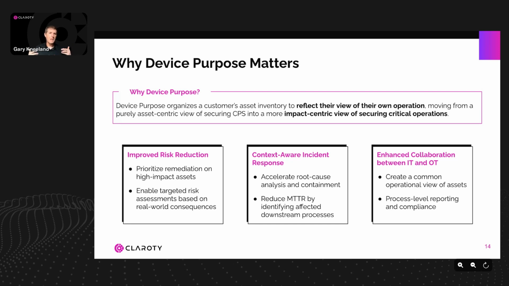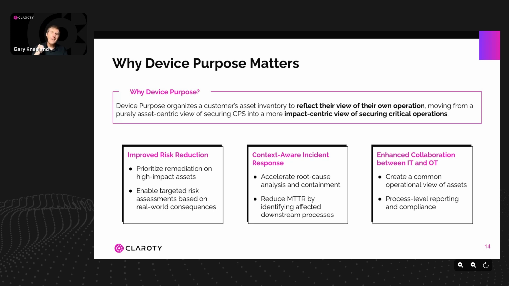Reducing risk to a single point of failure or a safety system within my site, versus something that has many levels of redundancy and doesn't have a critical impact if it fails, are very different in terms of business risk and business impact. It allows me to target the areas that are much more important and do risk assessments based on real world consequence, really understanding what the business impact of these changes are.